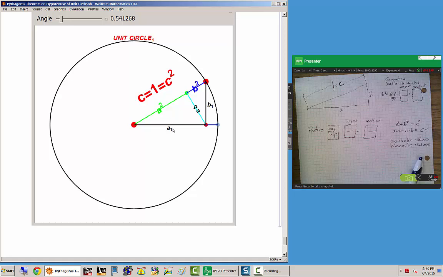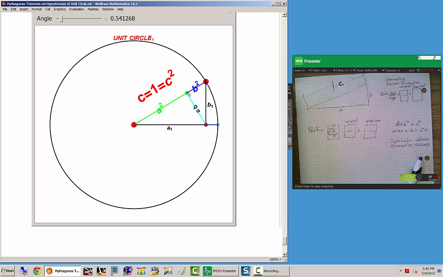Let's see what that looks like. If I measure the length of this line segment, A sub 1, put that number in a calculator and multiply it times itself, it'll be exactly equal to the length of this green line segment. If I take this B1 and measure it, multiply it by itself in a calculator, it'll be exactly equal to the length of this blue line segment.